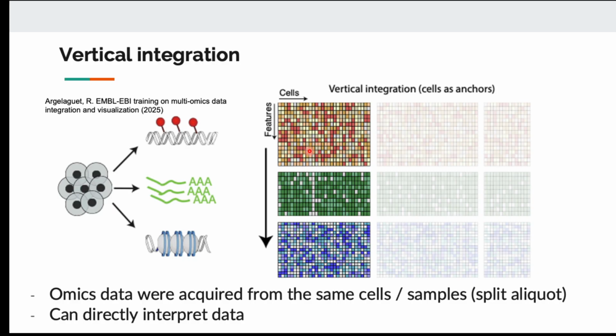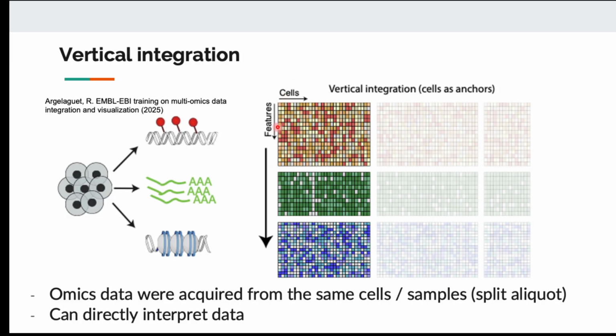So vertical integration assumes that you have exactly the same cells. For each cell you barcode them, or for each sample you barcode it, and you analyze the same sample, with different records of the same sample with different omics. So there's still some kind of shared information. At least you are analyzing data from the same cells.